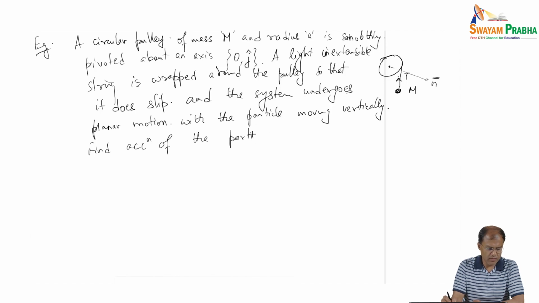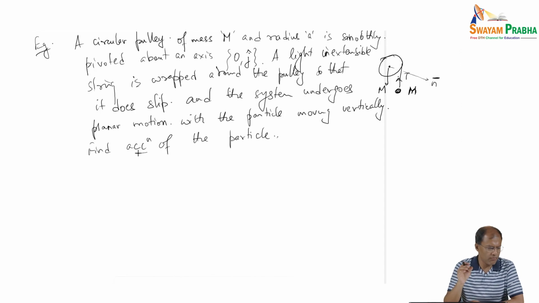The particle is of mass m, the pulley is of mass M, right? The forces acting on the system are the respective weights and the tension in the string. The weights will all act downward, so we expect the entire system to go down, so the acceleration direction will be downward. That is fairly clear.